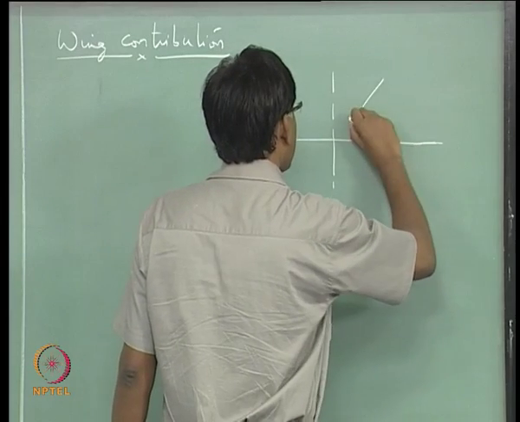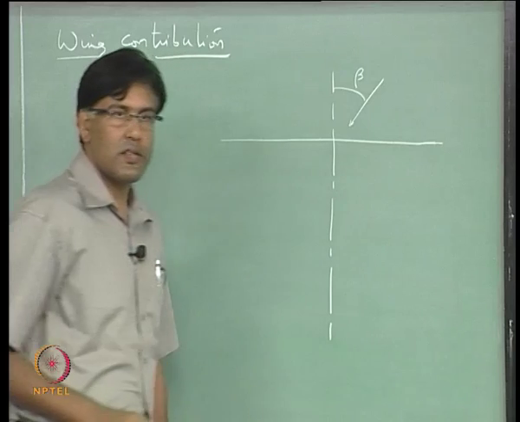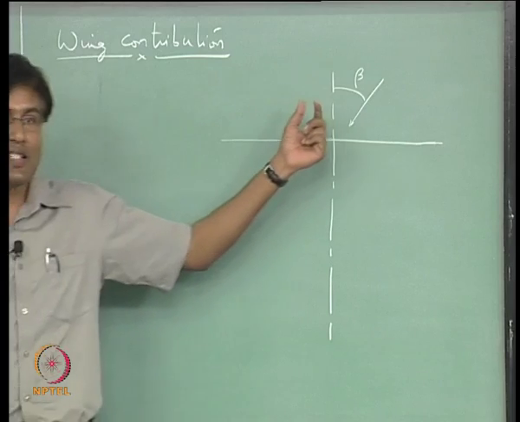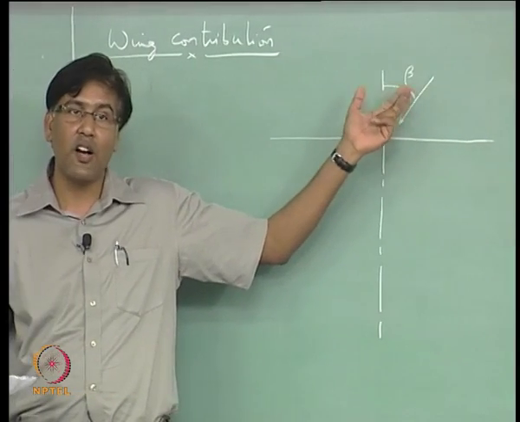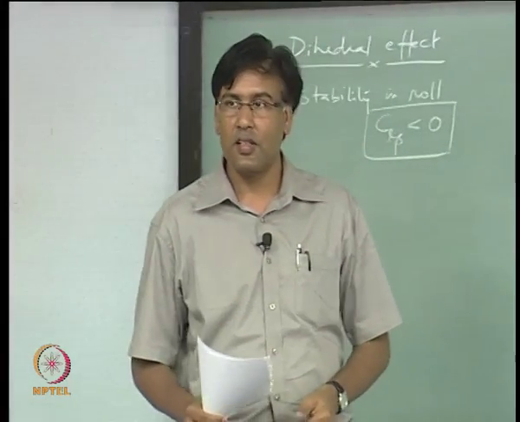So, some velocity coming at beta. This beta is not a trim condition, you have to remember that. I am repeating this stuff. This beta is caused by a disturbance. If you want, you may call this delta beta.